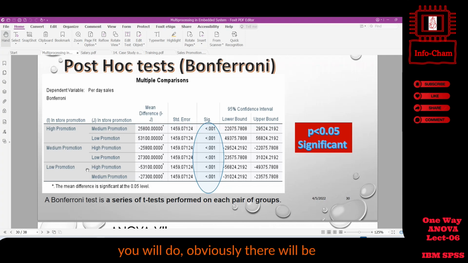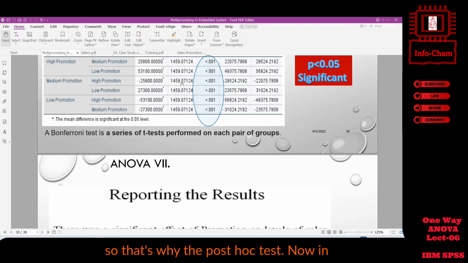If you do a low promotion, obviously there will be a change, but not high sales. If there is a medium promotion, there will be some change, but not a good one. But better is a high promotion. According to this data set, because we have only 10 stores' data, right? But in real life, if you have more and more data, you can get a very good result. So that's why the post hoc test.